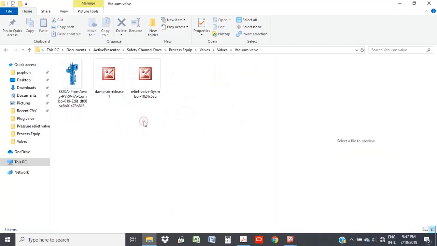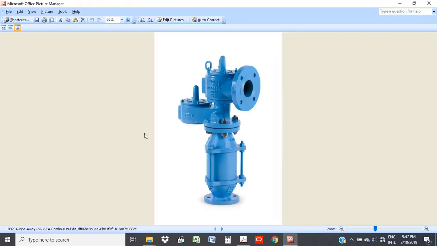we're going to be looking at vacuum valves. Vacuum valves are also essential in the oil and gas industry. What they do is act kind of like PSVs, or pressure safety valves, but they work in the opposite direction of what a relief valve would do.